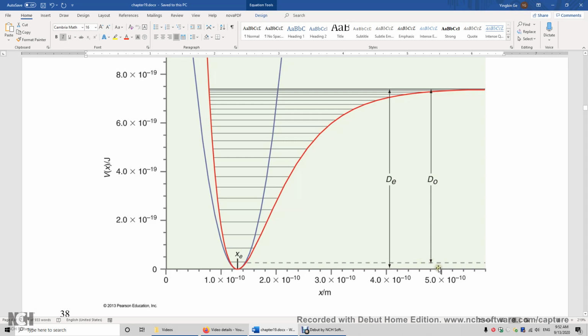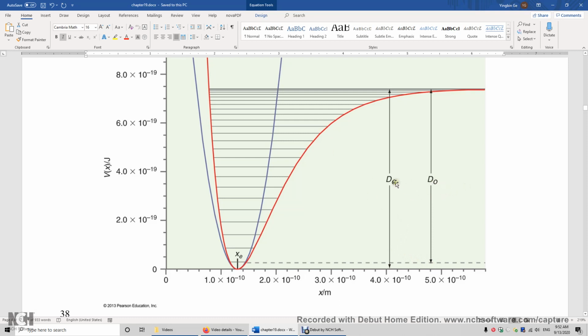Okay, it has this half h nu energy already. So you don't really need an energy of d sub e to break the bond. You just need d sub 0 external energy to break the bond, because the bond already has this half h nu energy. Okay, so that's the difference.